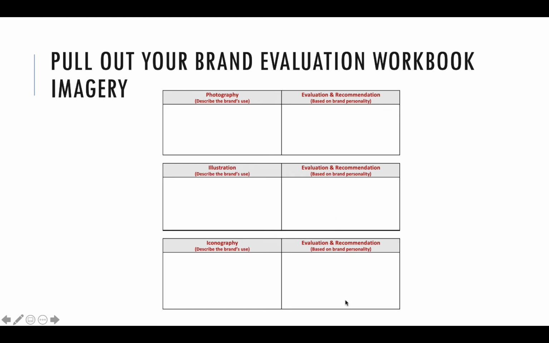And I want you to evaluate all of these three things. And then again, you are going to discuss this in the executive summary as part of that overall brand evaluation assignment you're working on. So hopefully that makes sense. And if you need more information, please feel free to review the video that I have on that particular assignment.